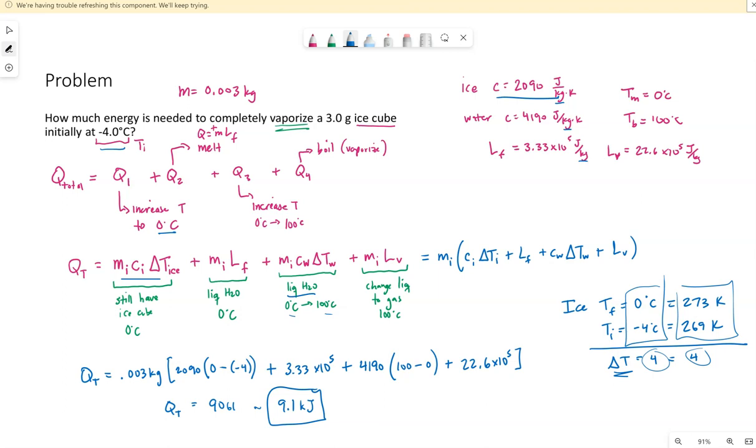You do have to make sure they're both in the same measurement system, though. I mention that because I've often seen students convert one of them but not the other. So just make sure your temperatures are either both in Celsius or both in Kelvin, and then the delta T will be correct.